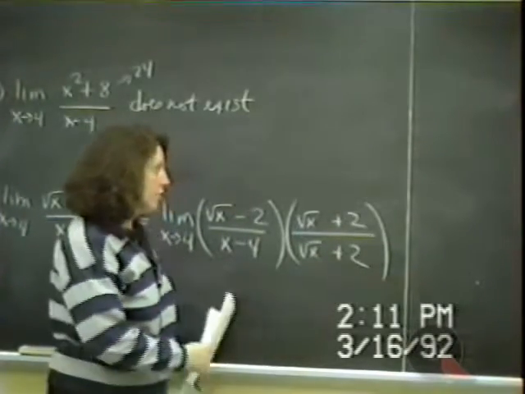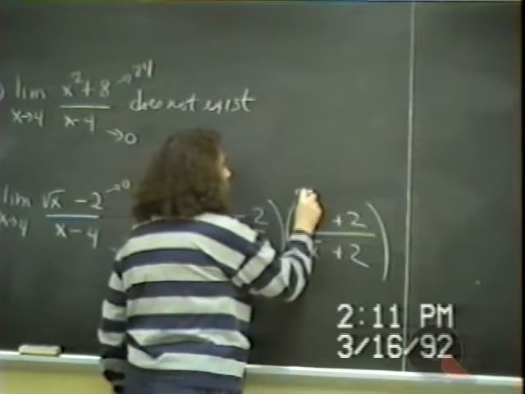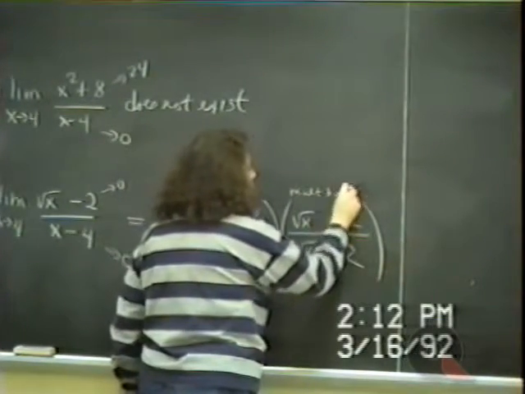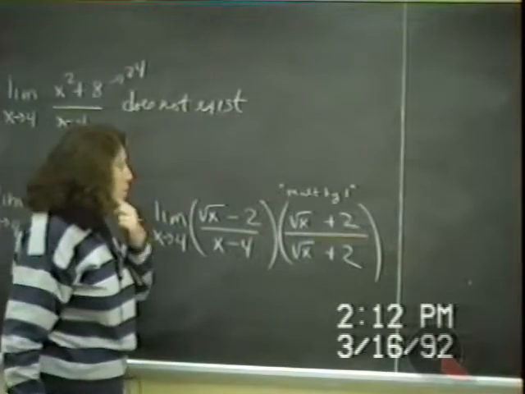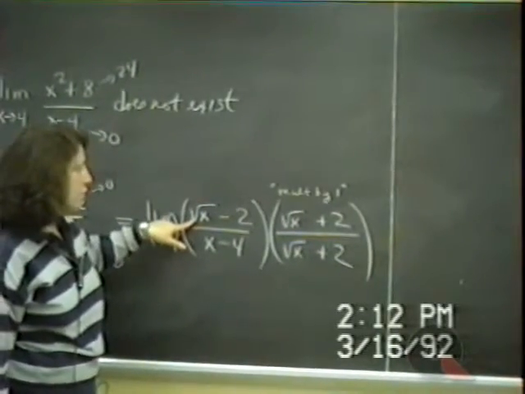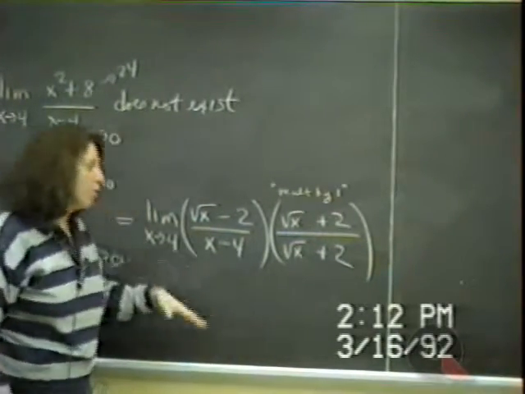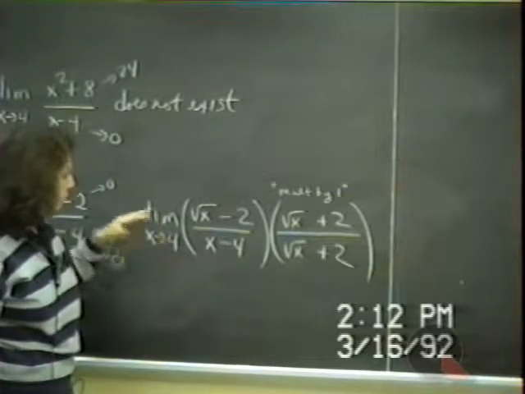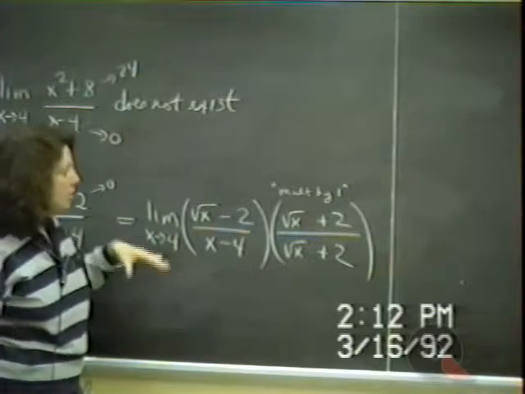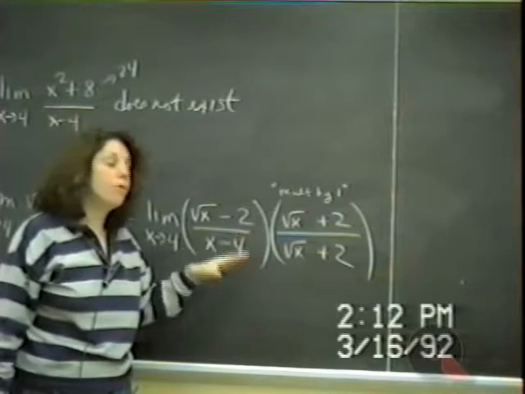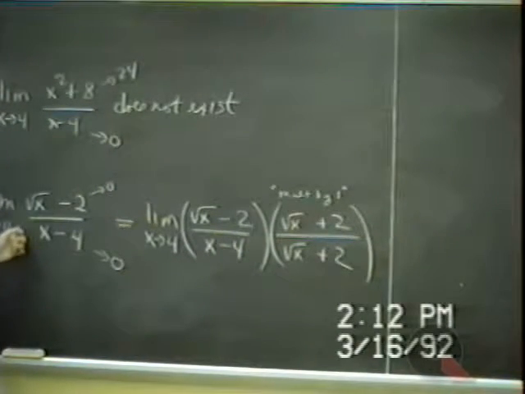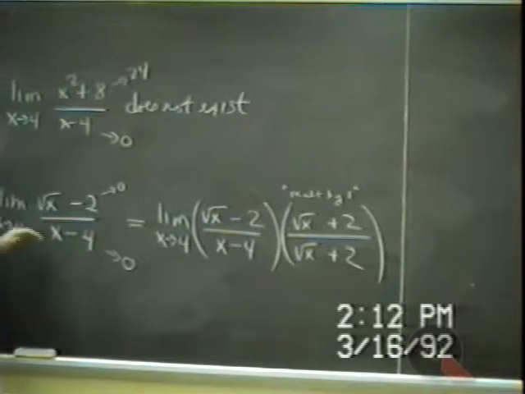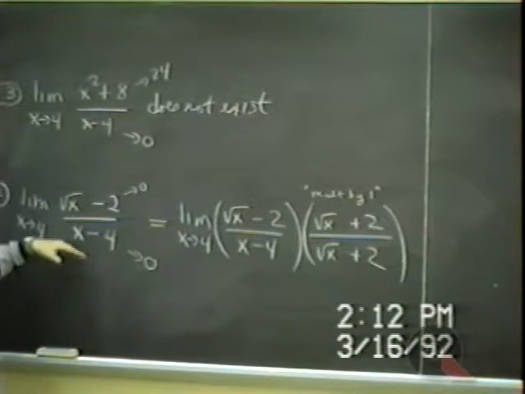That's always a legitimate thing to do. What we're doing, in a sense, is rationalizing the numerator. Now, I know that you've always been brought up to rationalize denominators, but when we're working out these limit problems, sometimes we rationalize the numerator. We do whatever works for us. The idea is to try to rewrite this into another form whose limit will be easier to evaluate.